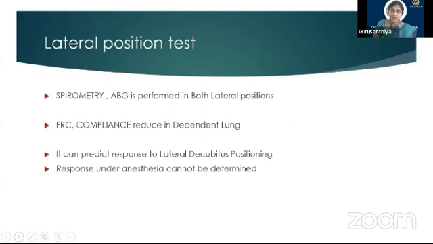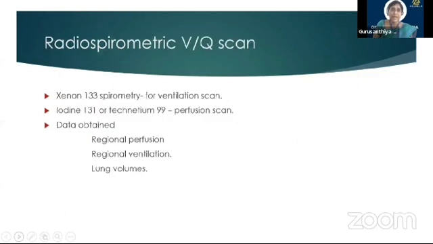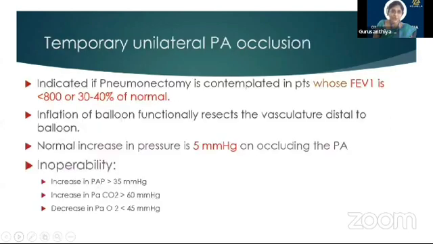So it can predict response to a lateral position, but under anesthesia the response is not guaranteed. Bronchospirometry involves placing a DLT in an anesthetized patient and seeing if the patient is going to improve, using a radioactive oxygen uptake. And the radiospirometric VQ scan involves xenon for the ventilation scan and iodine for the perfusion scan, seeing the regional ventilation and perfusion.